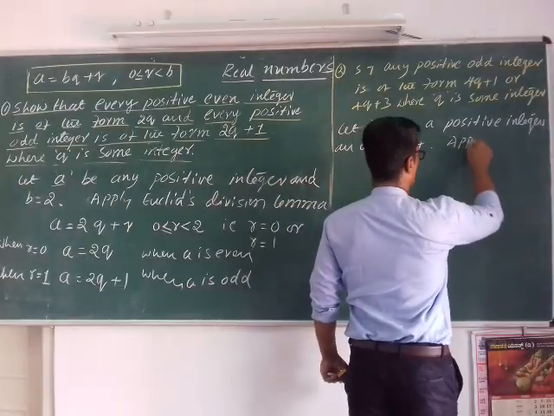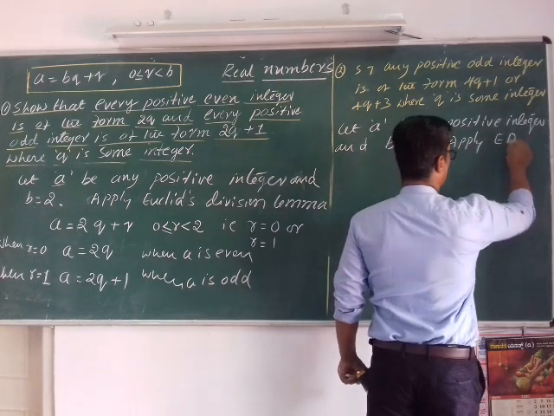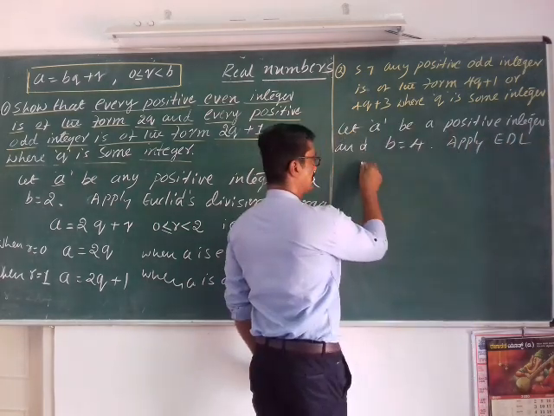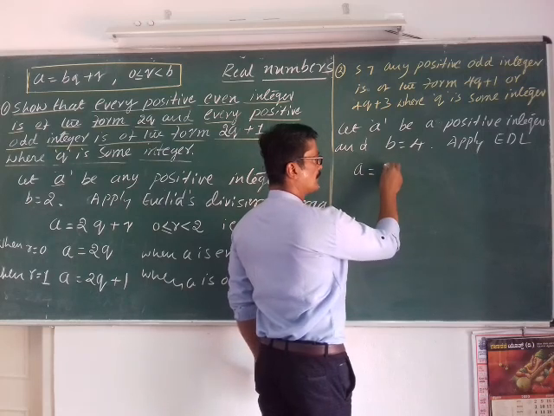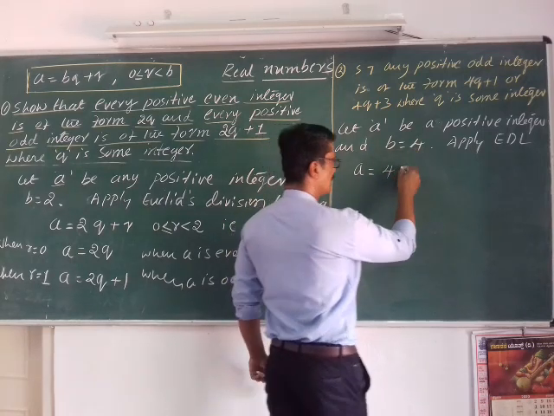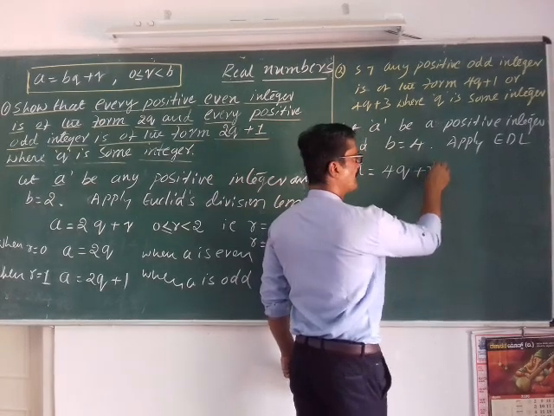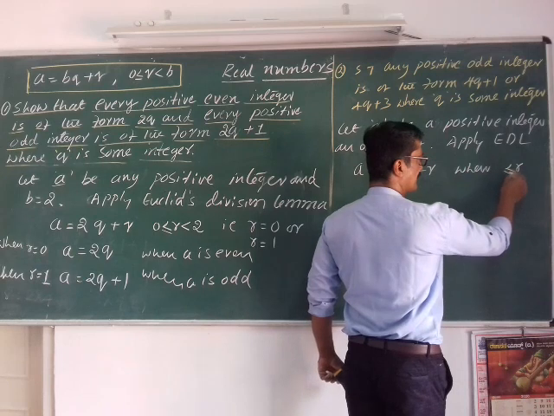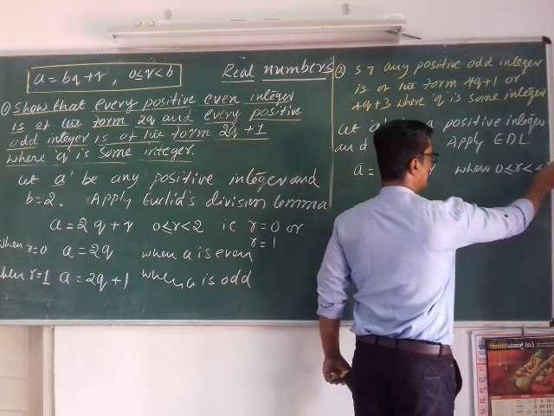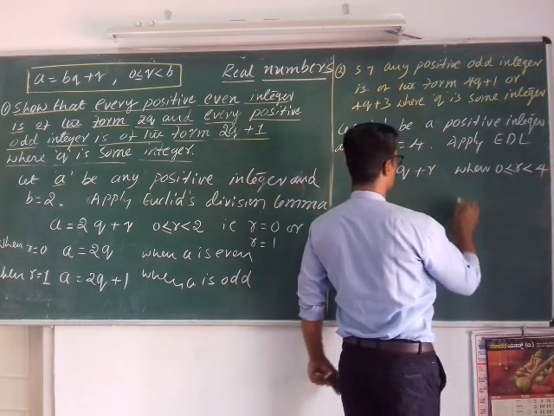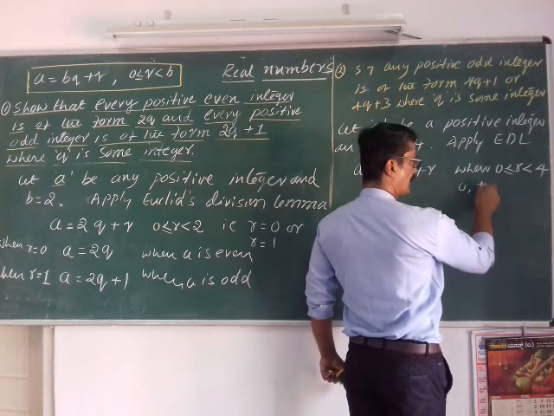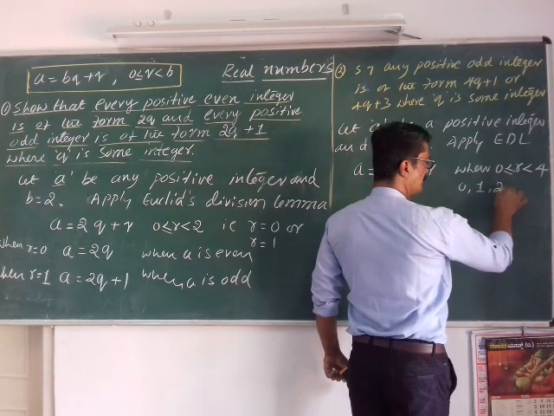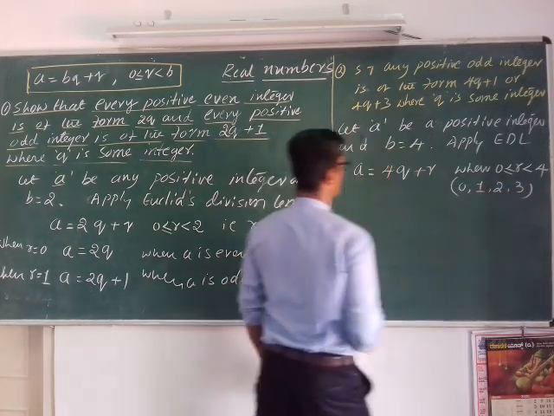Apply Euclid's division lemma. You will get a is equal to bq plus r, here it is 4q plus r, where r is greater than or equal to 0 and less than 4. That is 0, 1, 2, 3.